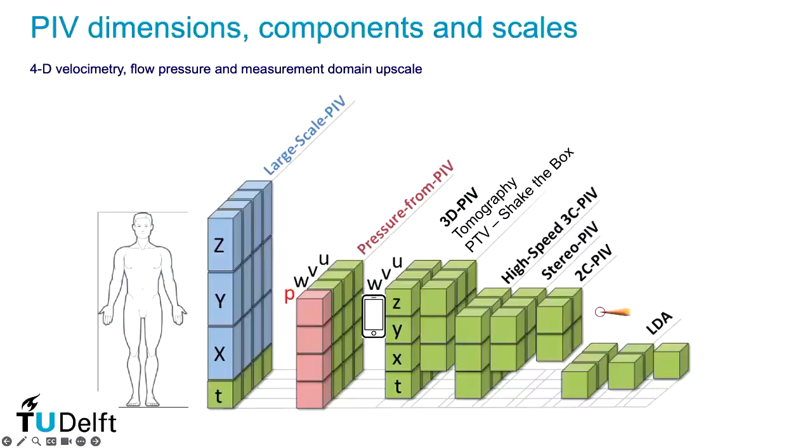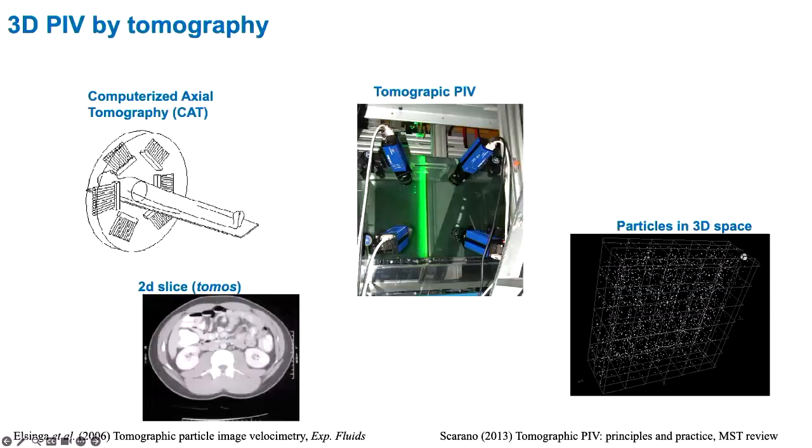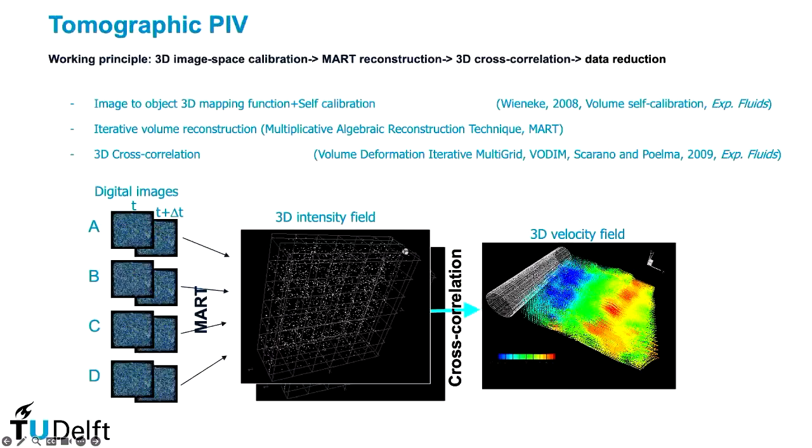And I think I will jump over the techniques to make tomographic PIV. But to say that the state of the art at the moment is even beyond tomographic PIV, the state of the art gives you this three-dimensional picture of particles. So from the images, you go to the three-dimensional position of the particles through triangulation algorithms, and then you can either cross-correlate or you can even track the individual particles.